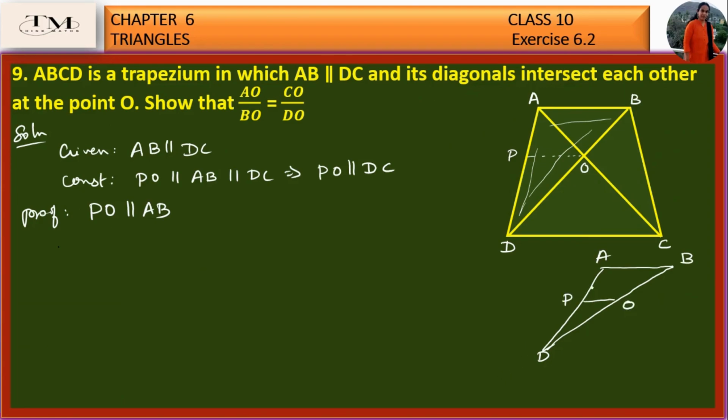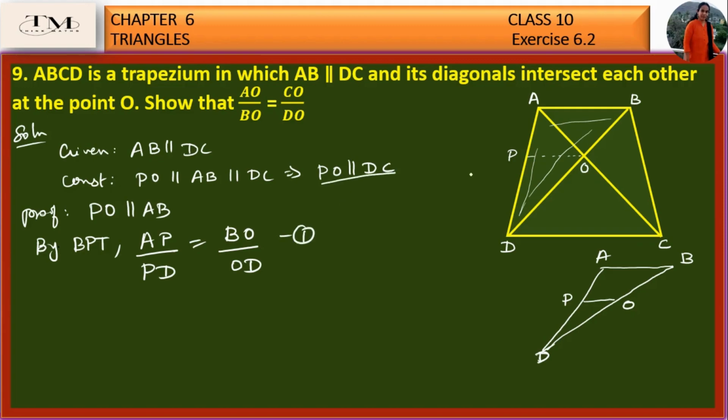So by BPT we have AP by PD equal to BO by OD. Okay. So this is by basic proportionality theorem.